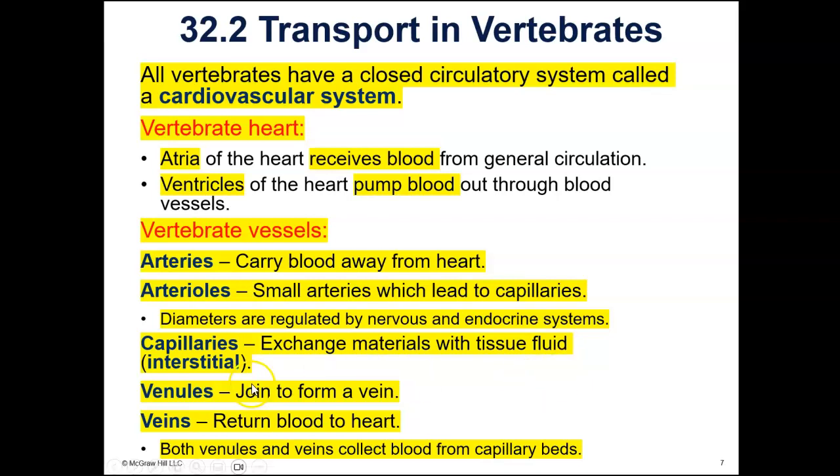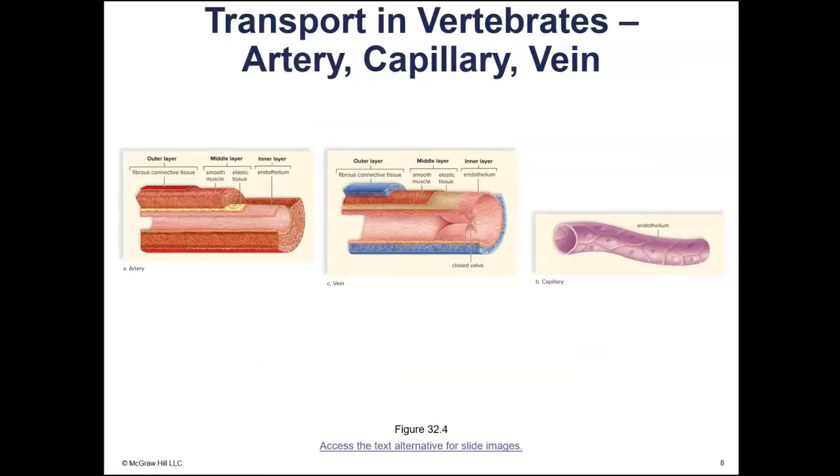And then they will drain into venules, which are small branches of veins, and the venules will join into veins. The veins will return the blood to the heart. So the veins are actually under the lowest pressure of all of the blood vessels.